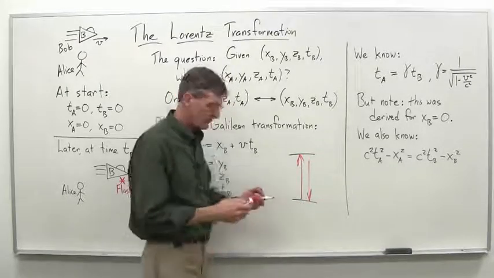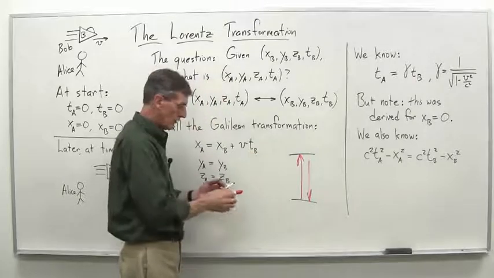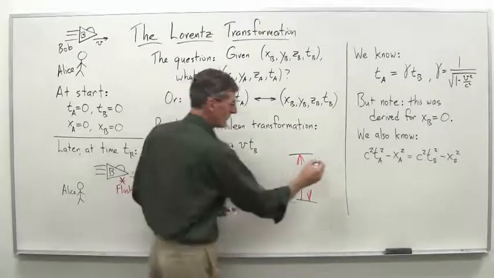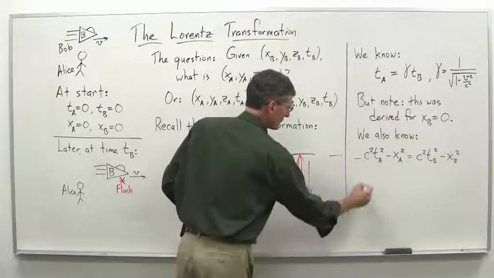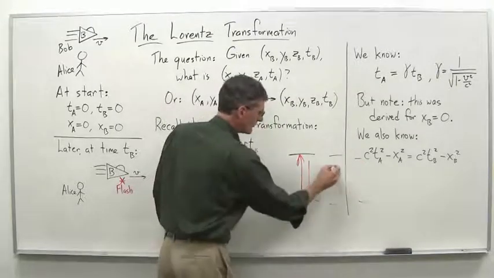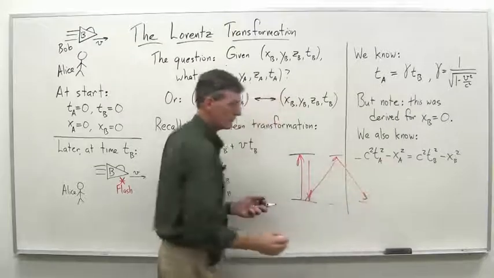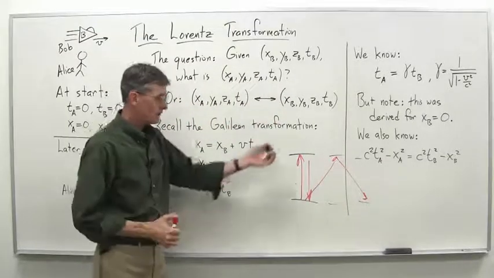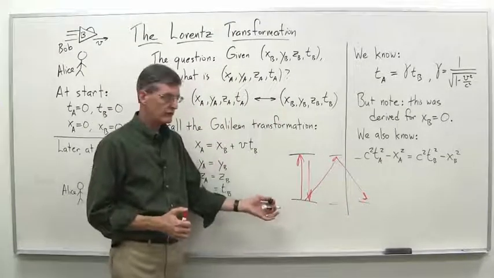It's Alice observing it moving along, so that as Alice sees it moving here, we get the familiar triangle effect. So Alice sees it going like this. But to Bob, all this is happening at xb equals 0.